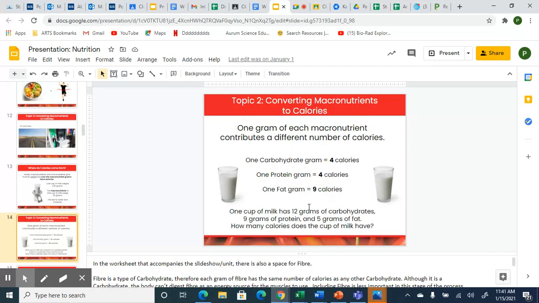All right, so 1 gram of each macronutrient contributes a different number of calories. Remember, we did this. So carbohydrates are 4, proteins are 4, and of course, fats are more. They're 9. So 1 cup of milk has 12 grams of carbohydrates, 9 grams of protein, and 5 grams of fat.